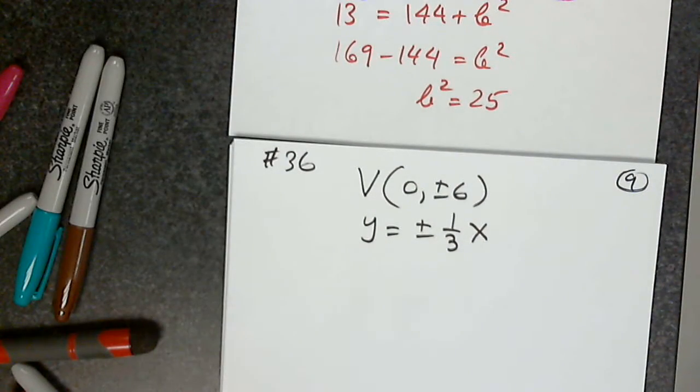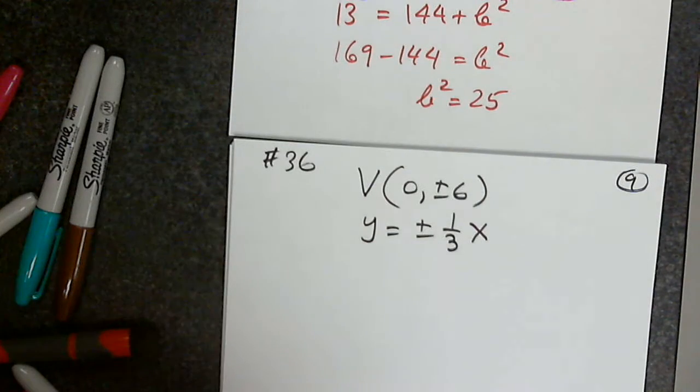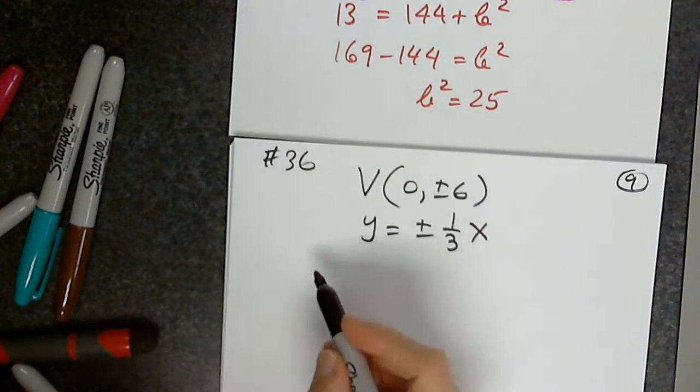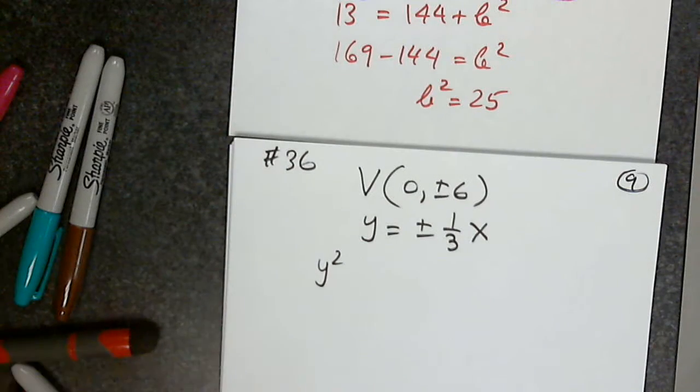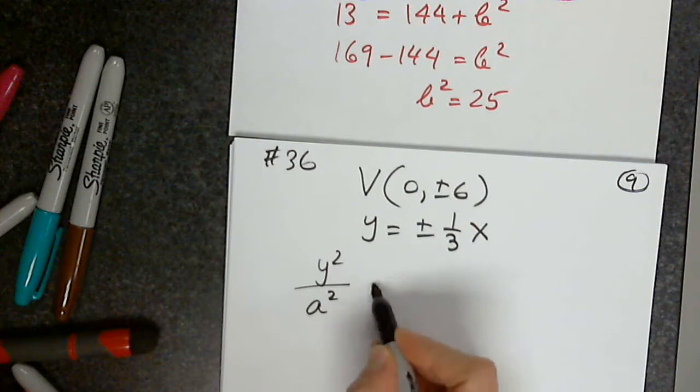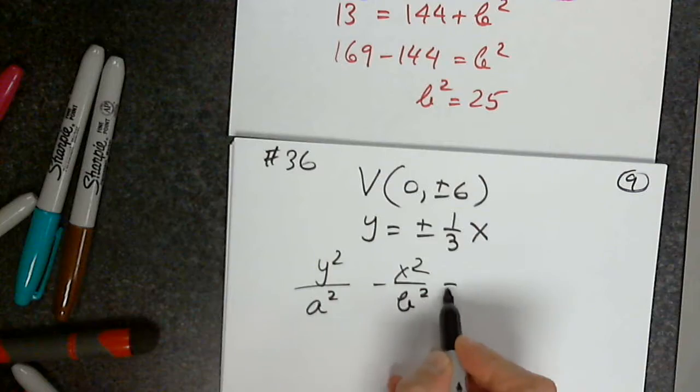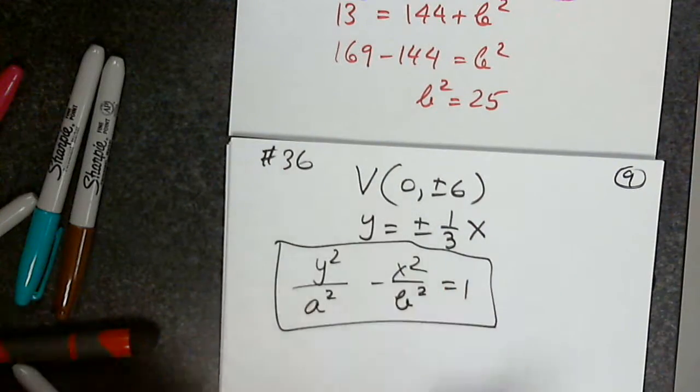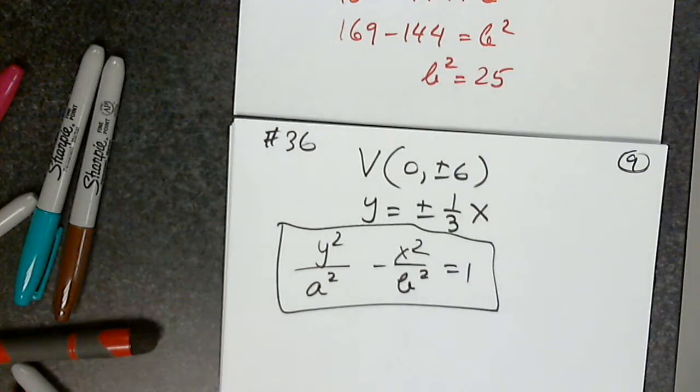If the vertices are 0, plus or minus 6, it means the hyperbola is on the y-axis. Can anyone give us a? Once you tell me that it's on the y-axis, I envision this immediately. Good. So I already know that a squared is 36, correct?